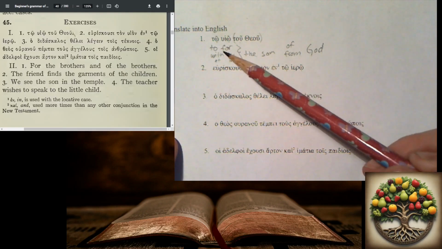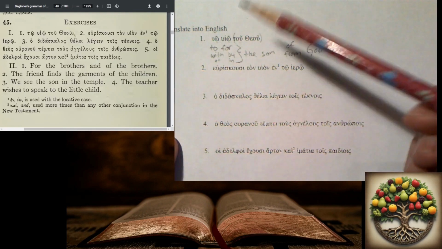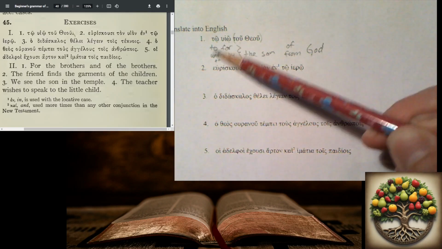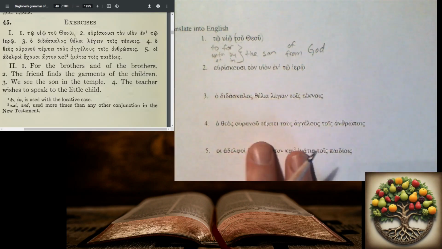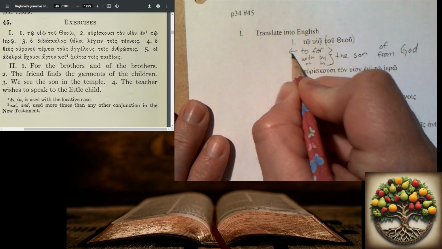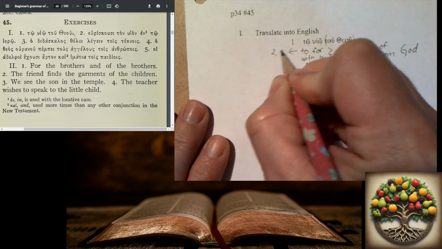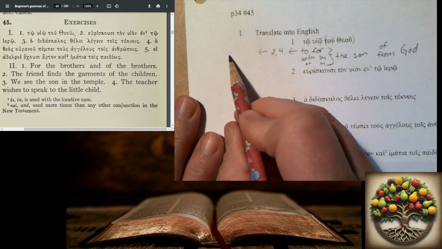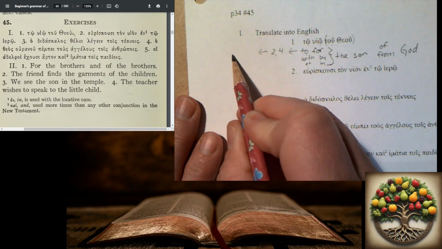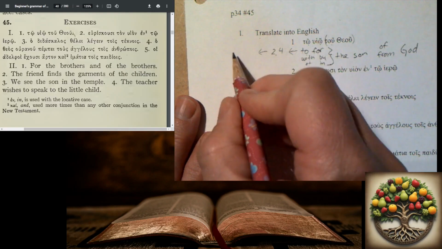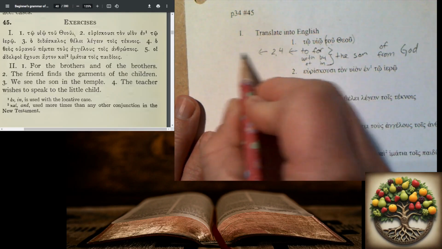Now, I just want to go back to here for a moment, because I can give you a little mental thing that I've come up with in order to know which case these are for. So in this instance, the 2 or 4. In my mind, I think of the numbers 2 or 4, and then I connect that to something like, this is going to sound stupid, but hey, I don't care, R2D2, C3PO kind of names.